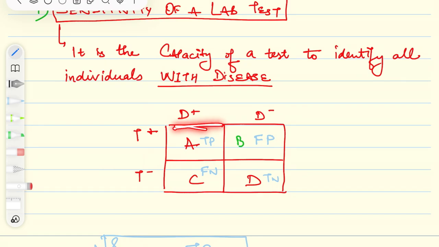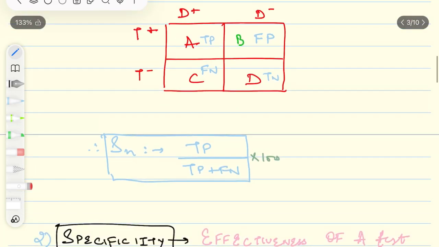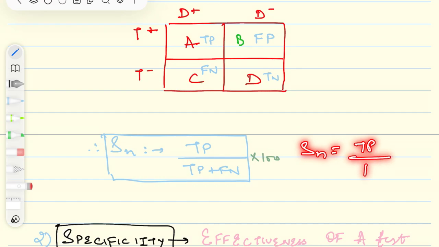So this square is for true positive, this is for false positive, this is for false negative, and this is for true negative. All of you know that the sensitivity formula is true positive divided by true positive plus false negative. Means true positives divided by total disease positive. We can also write sensitivity is equal to TP by disease positive individuals.